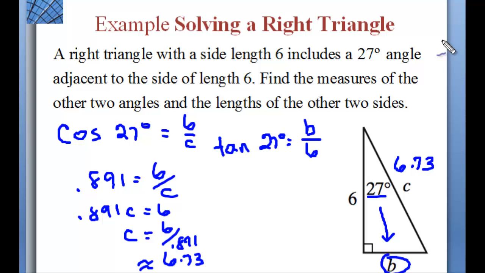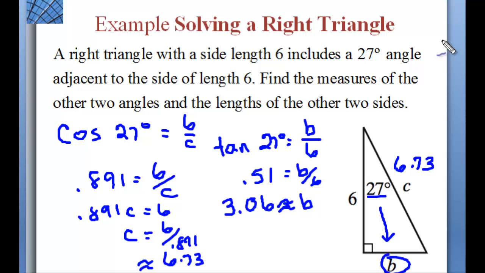We find the tangent of 27 degrees, which is approximately 0.51 equals b over 6. Multiply both sides by 6, and we get b is approximately 3.06.